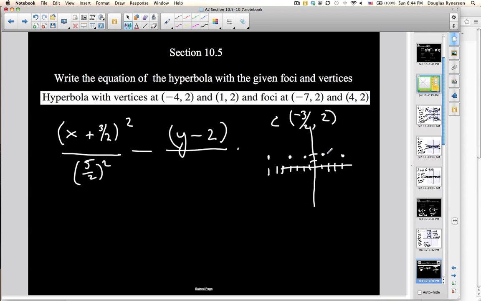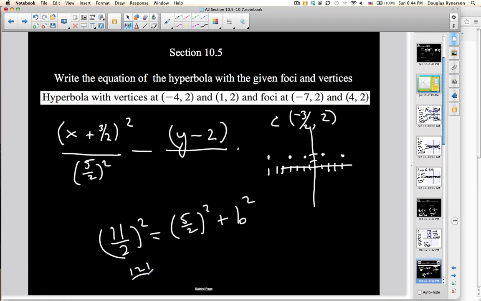So that's 3 more. We were at 2.5. This would be at 5.5. 5.5 is 11 halves. So I know that 11 halves squared, that's my c, would be equal to a squared plus b squared.